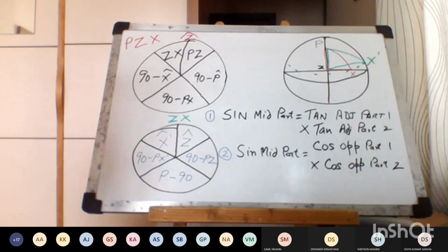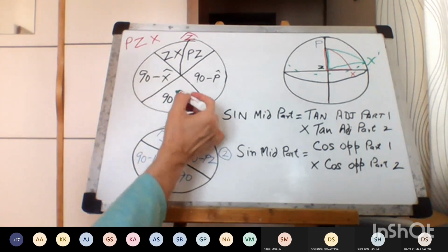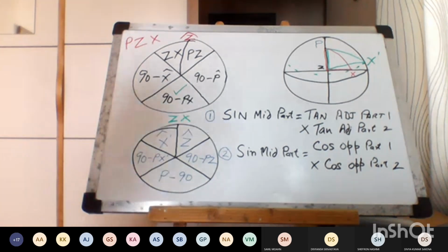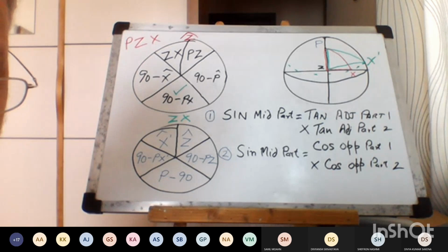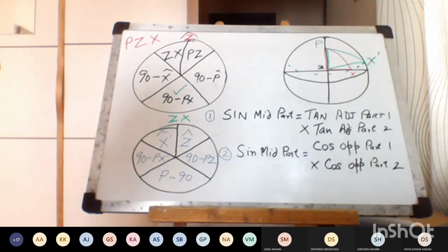One thing is already known to us. So let us say I know the declination, which means I know this. If you know the declination from the almanac, or if it is given in the question, 90 minus PX is directly the declination.